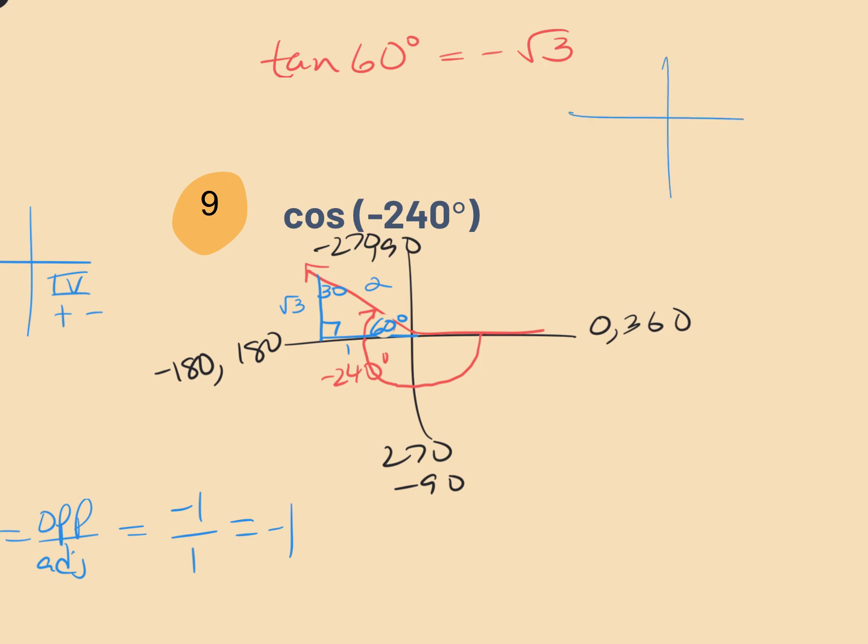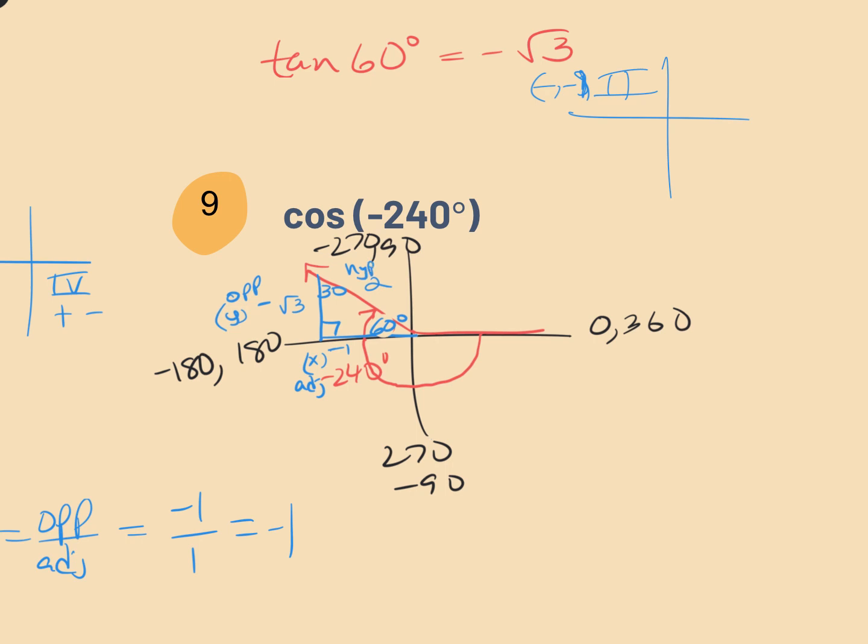Remember, in quadrant 2, the signs on the ordered pair are negative, negative. So this is going to be a negative root 3 and a negative 1. So again, this is opposite, or it's also your y value, going up and down like the y-axis. This is your x value, or adjacent, and the 2 is the hypotenuse.